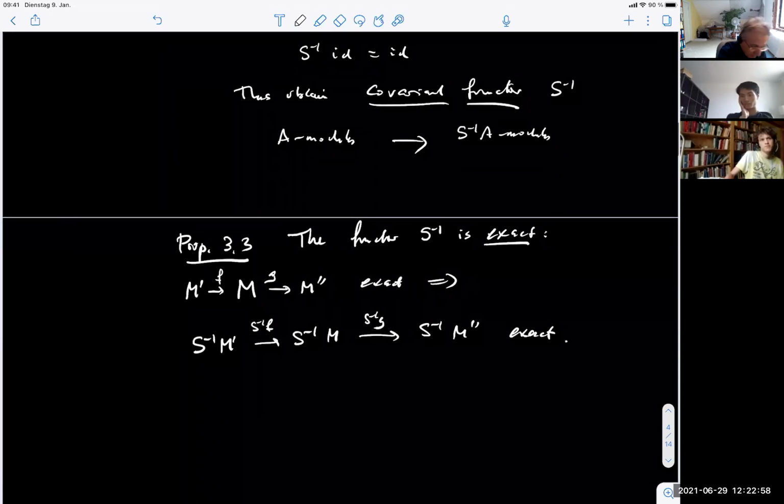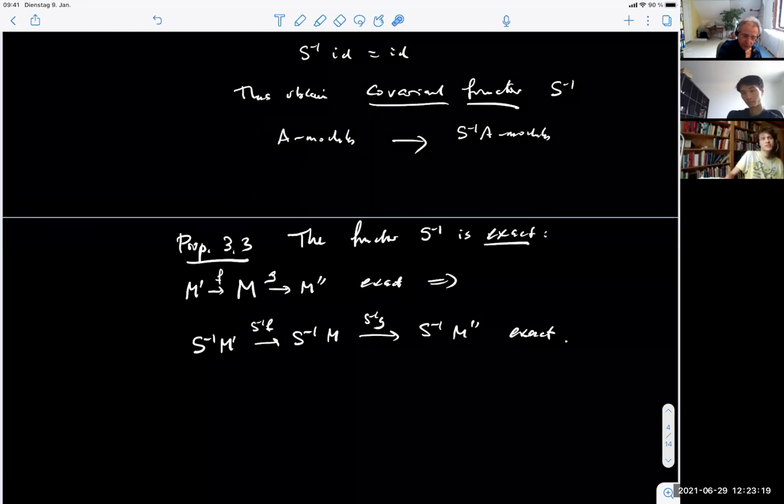Here I have A modules and A linear maps, and then I get this. But don't you still have to write the zeros on the left or something?